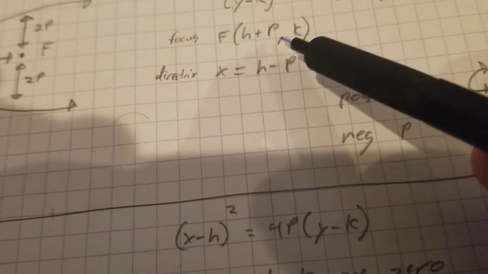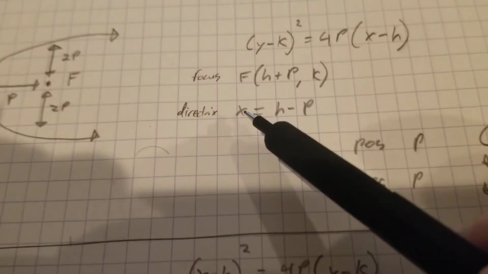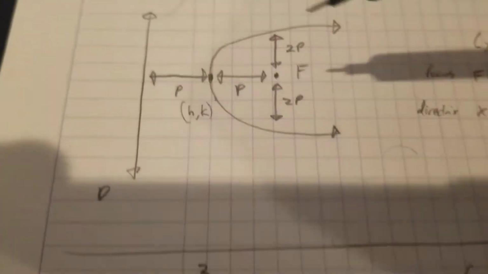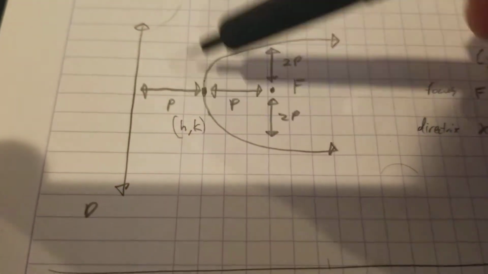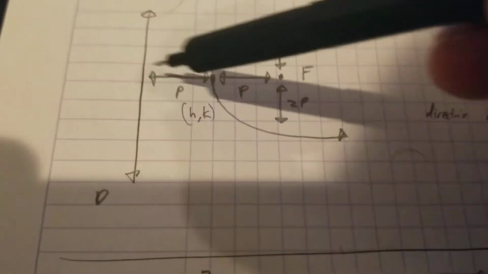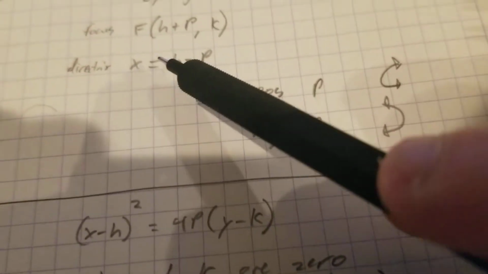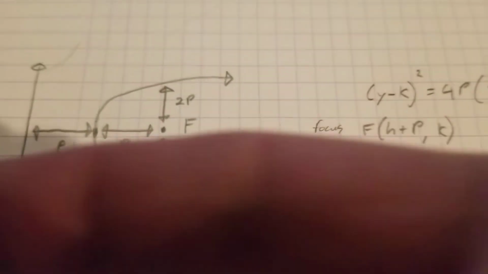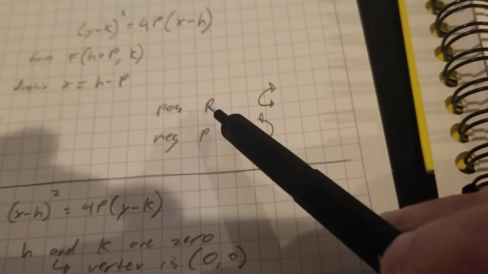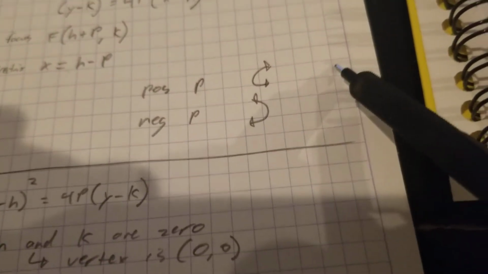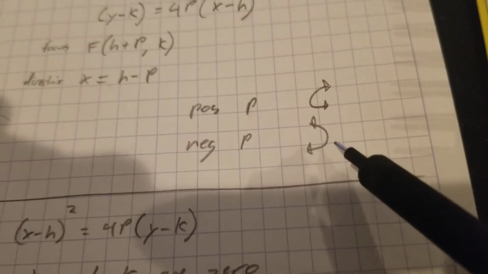The directrix is going to be a vertical line x equals h minus p, because we're going the other way to get to that directrix. If your p is positive, your graph opens to the right, and if your p is negative, it opens to the left. So we're going to try an example here.